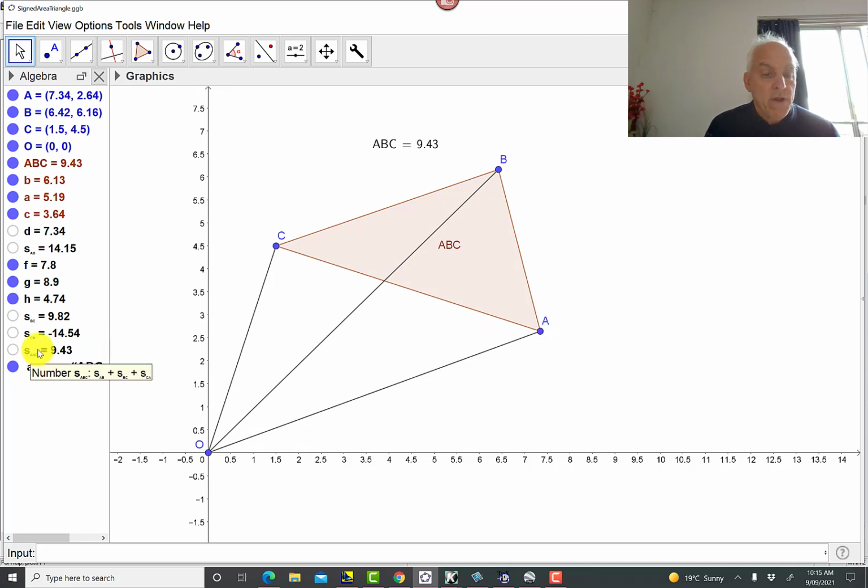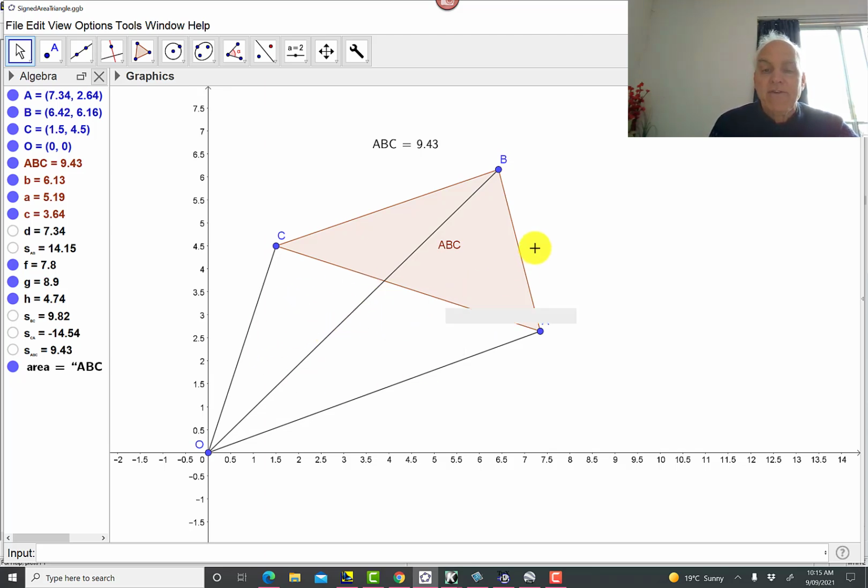What we see over here, this S of ABC, is the sum of these three signed areas. Geometrically, we take this signed area and add this signed area, which is effectively the signed area of the entire quadrilateral. Then we subtract what's usually thought of as the area of this triangle here. By adding the signed area of this, it's really like subtracting this area.